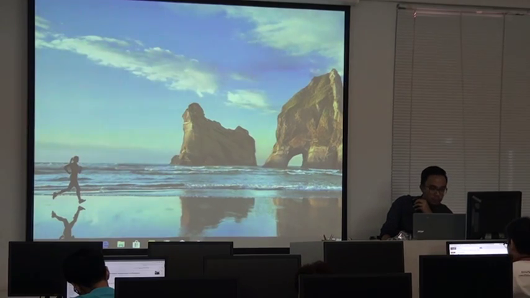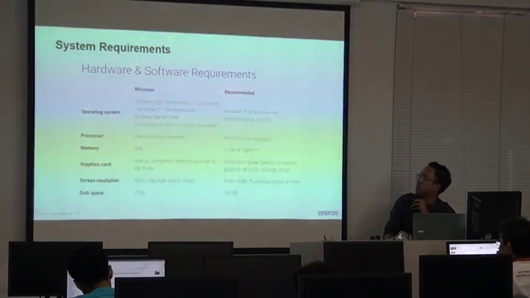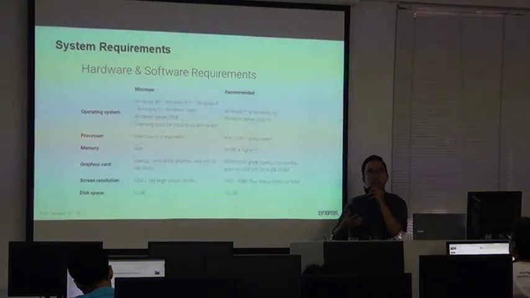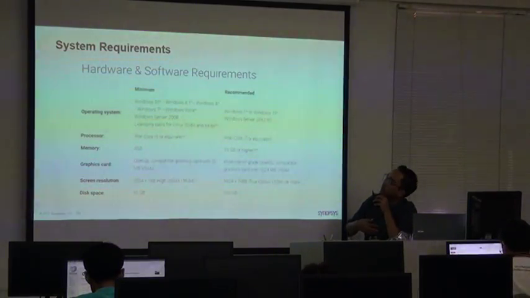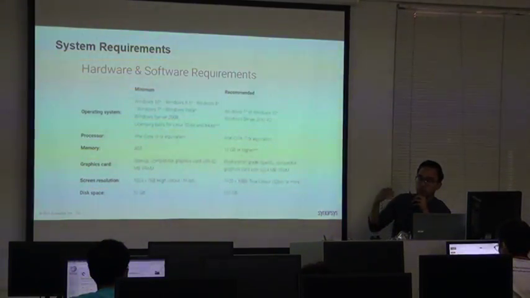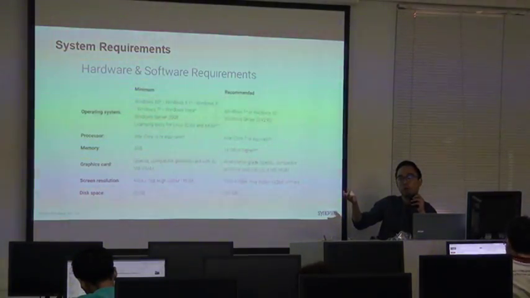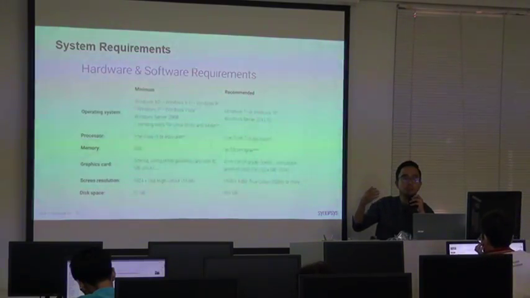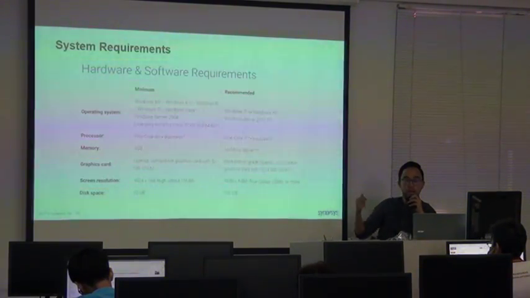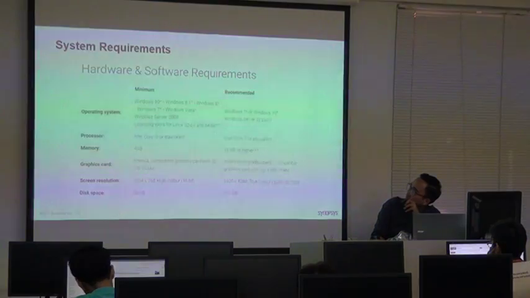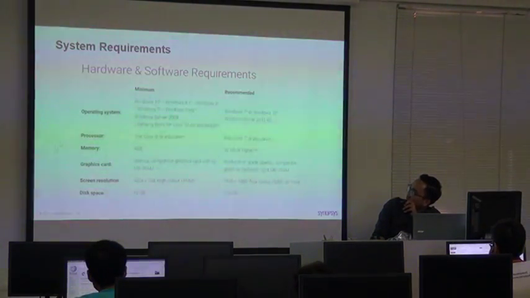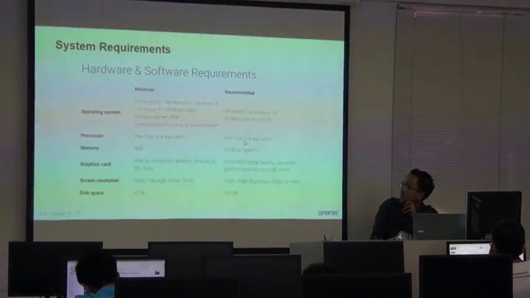Very lastly, these are the hardware requirements. All the modern computers will be compatible with the software. So it's the same for other software. If you have a more powerful computer, the performance of the software will be better. So it's always recommended to use Windows 7 or Windows 10, and then the processor is i7.